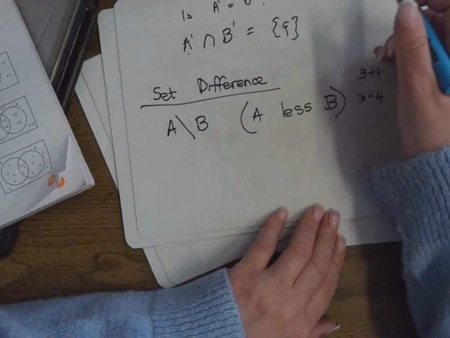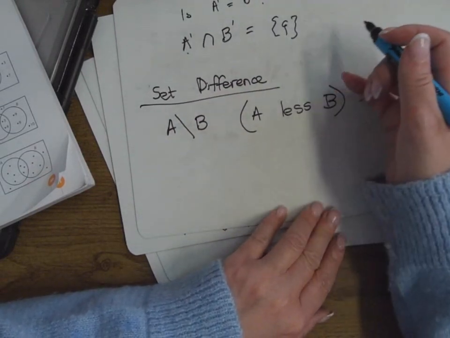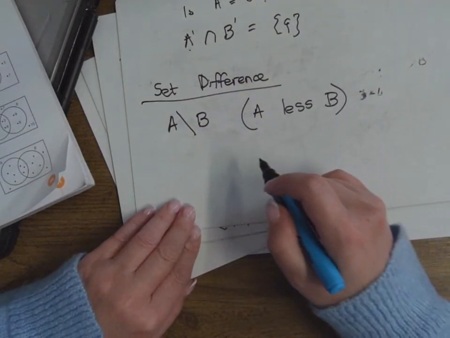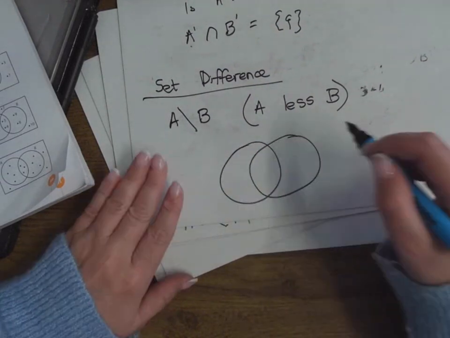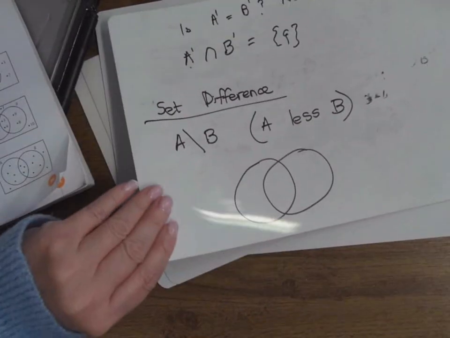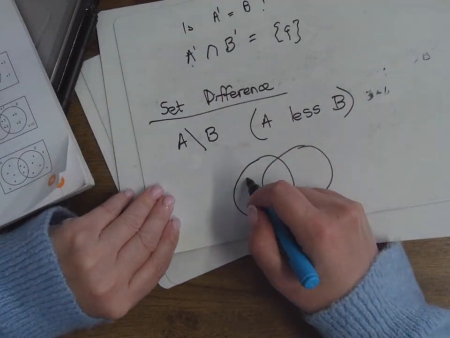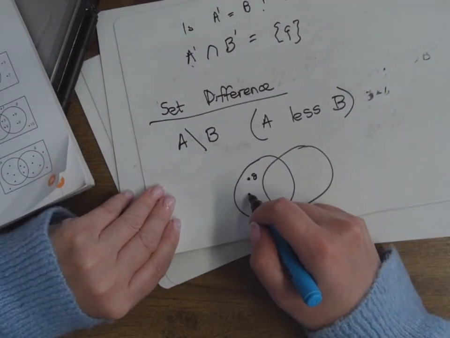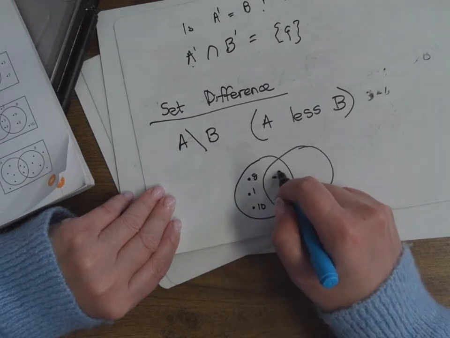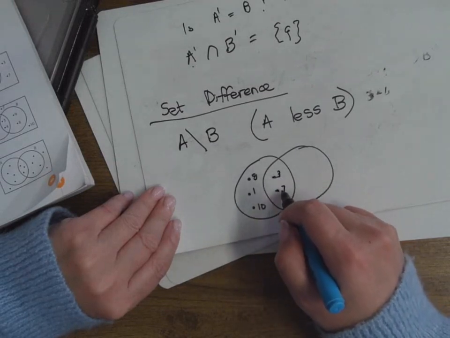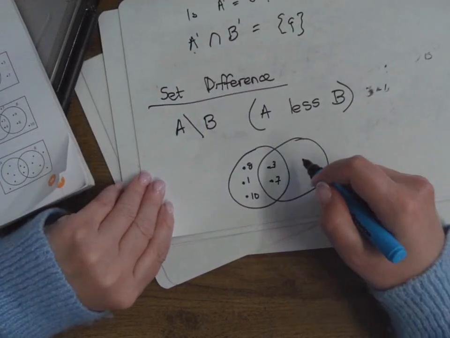So don't write that down now because that won't make sense. So if I go back to the same sets I had there: 1, 8, 10, 3, 7, 2, 6, 5.